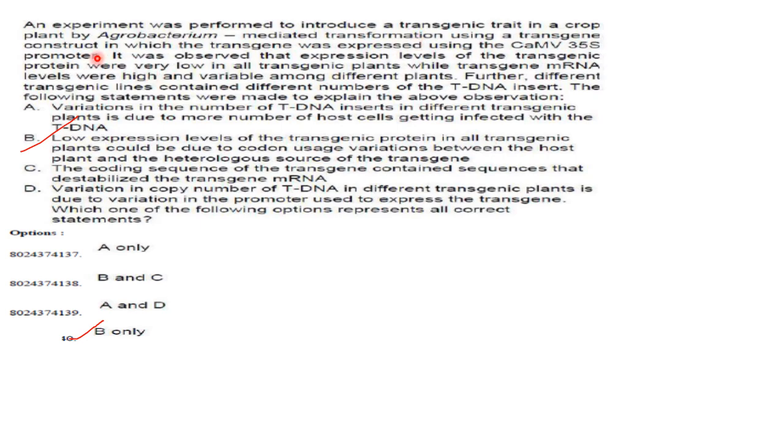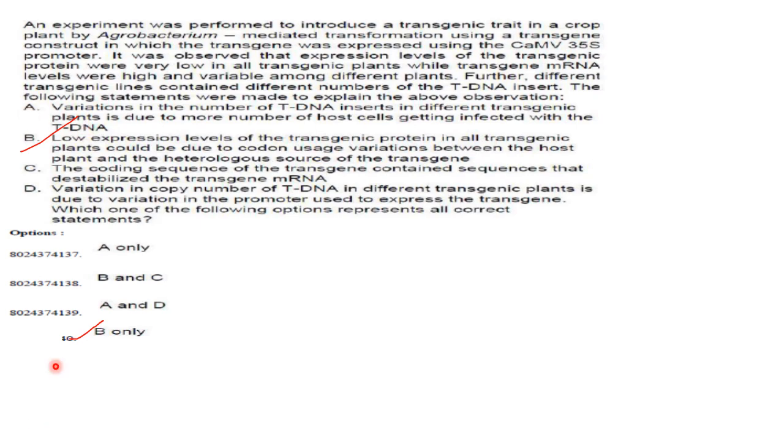And it was observed that expression level of the transgenic proteins were very low. The protein level was very low in the transgenic plants, while the transgene mRNA levels were high and variable among different plants. Further, different transgenic lines contained different number of the tDNA insert. The following statements were made to explain the above observation.